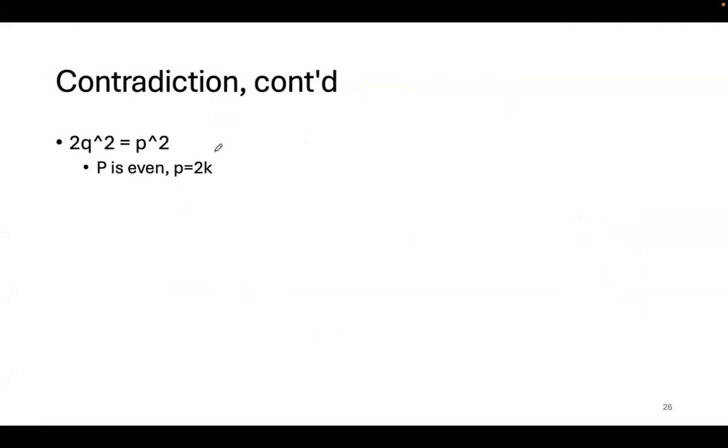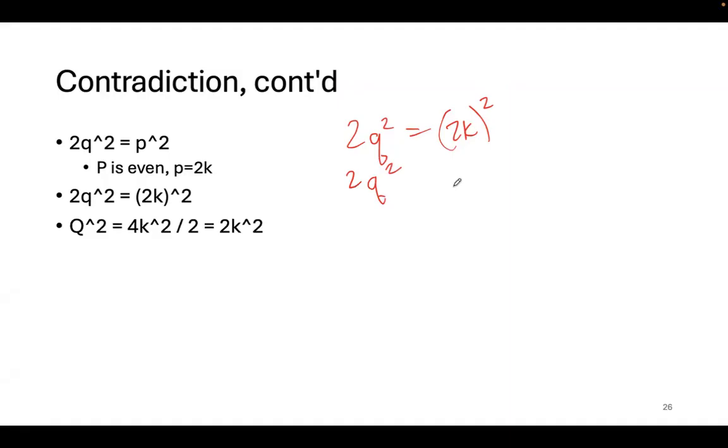So p is even. We can write p as 2k. So if we've got 2q squared is equal to p squared, we'll replace p with this even number. And then we get, since to square something in here, we square both of these, so it's 4k squared.